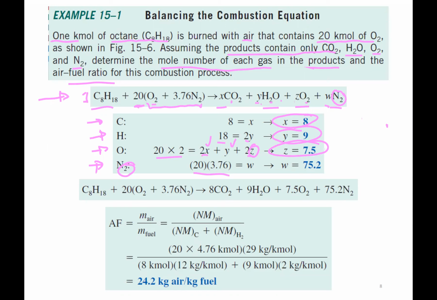I usually like to do N just to keep it all consistent, but it all works out no matter whichever way you go. And so we get W is 75.2. You see how high nitrogen is, because there's so much nitrogen in the air, so most of your products is still nitrogen. So if we reset this up and substitute in all the unknowns that we solved for, we have this, okay?